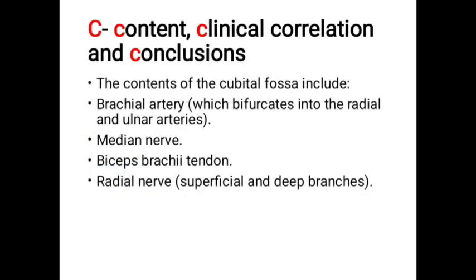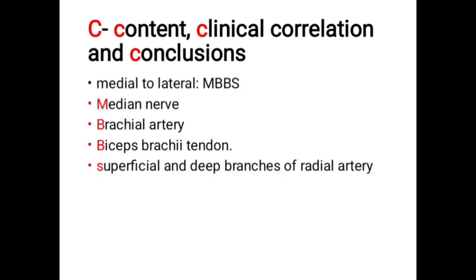Now, finally, for this mnemonic, we have the C, which is the content, the clinical correlation, and the conclusion. The contents of the cubital fossa include the brachial artery, the median nerve, the bicep brachii tendon, and the radial nerve. And here's a mnemonic that can help you remember the contents from medial to lateral, MBBS.